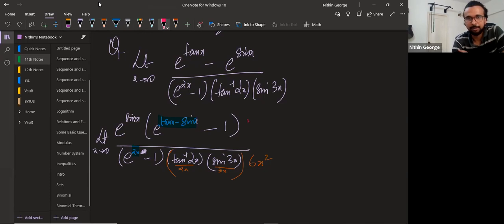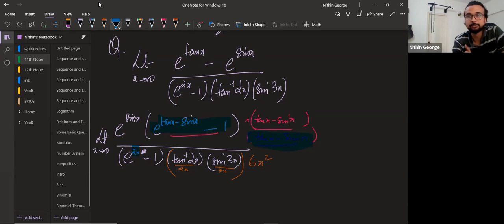If I multiply and divide by tan x minus sin x, what will happen? This part divided by this part becomes 1.